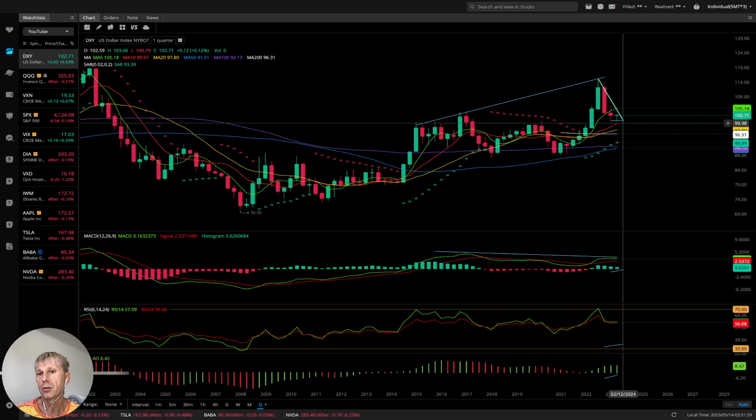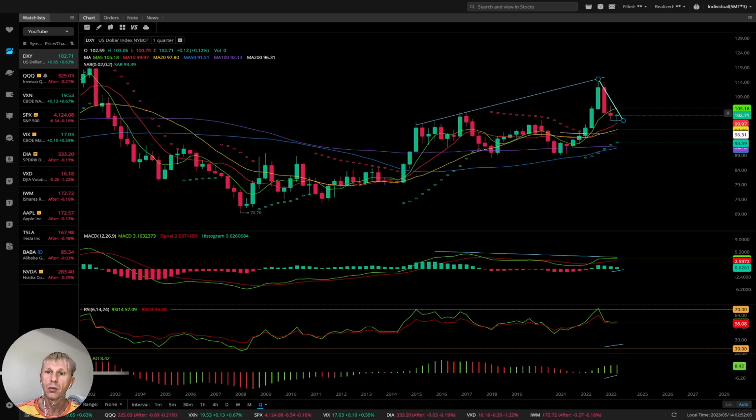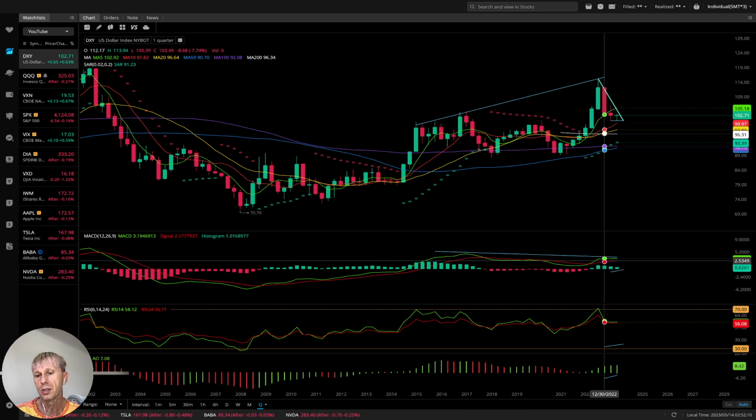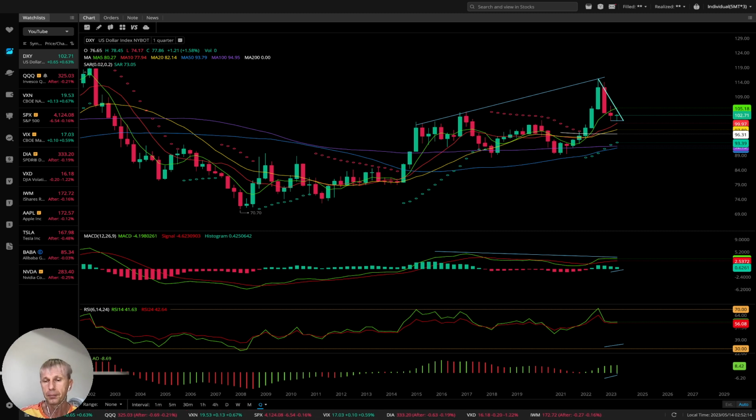Now it's connected back to MA10. We'll see whether it will continue to sell off and connect back to 20, or bounce from 10. So far, it is bullish on MACD and on all indicators on the quarterly time frame. That's what we have with the US dollar.